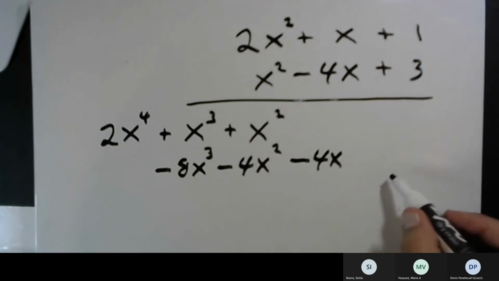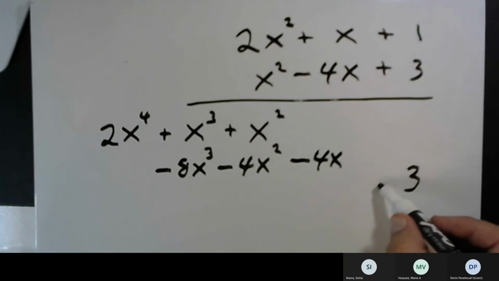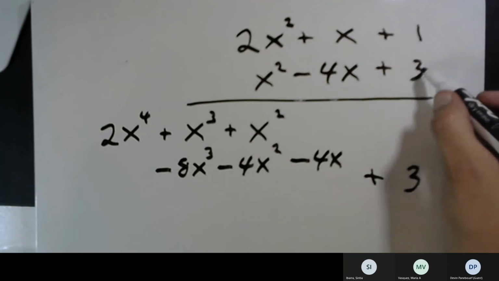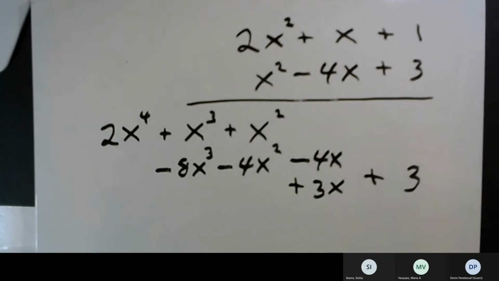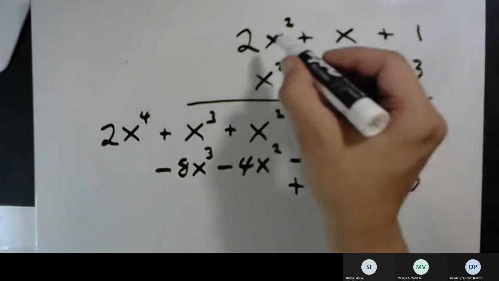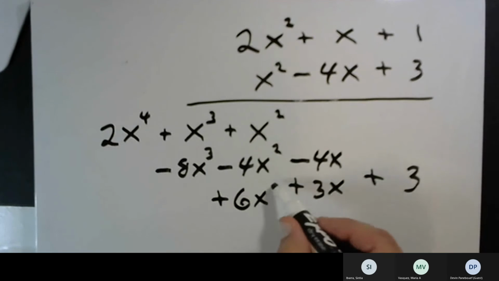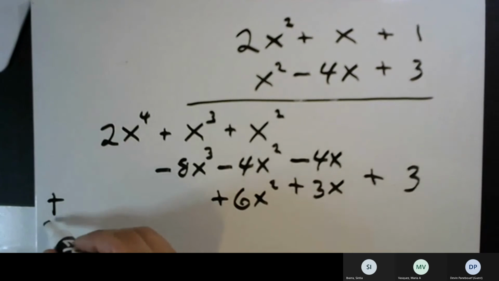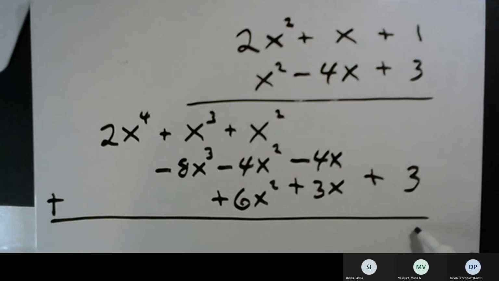3 times 1 is 3. So that's going to go in this constants column. It's a plus 3. 3 times x is positive 3x. 3 times 2x squared is positive 6x squared. So now we're just going to add everything up. Negative 4 plus 3 is minus x.